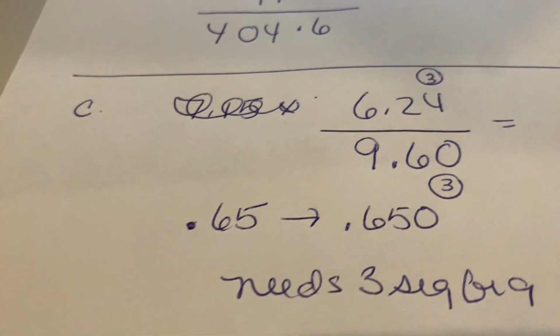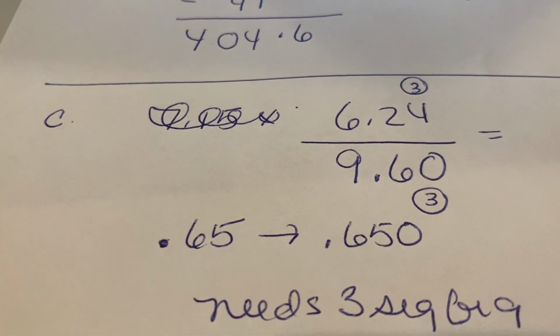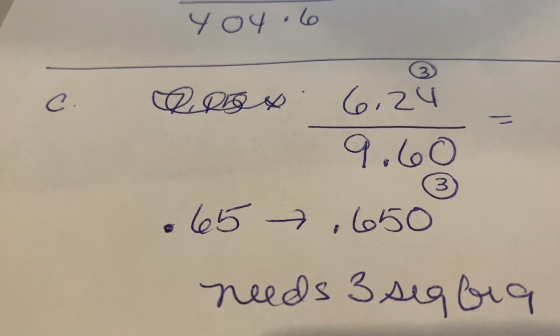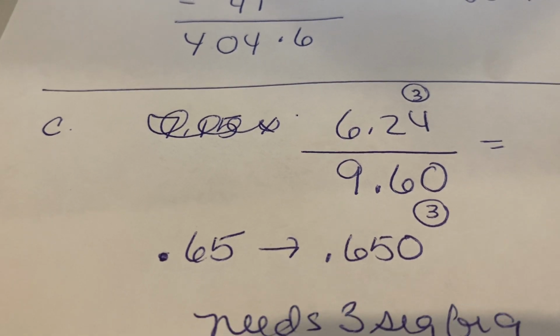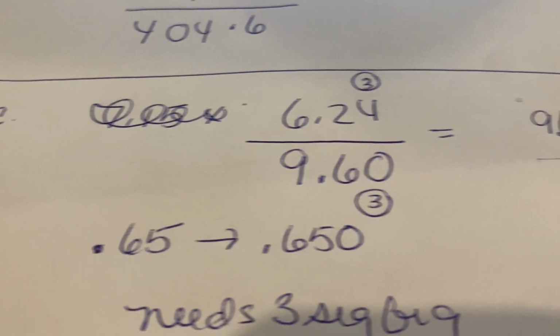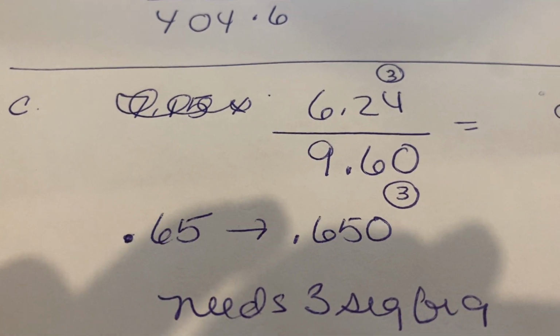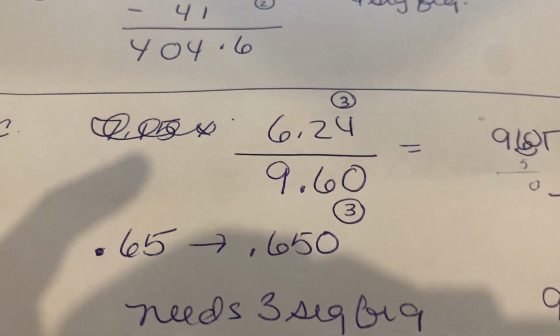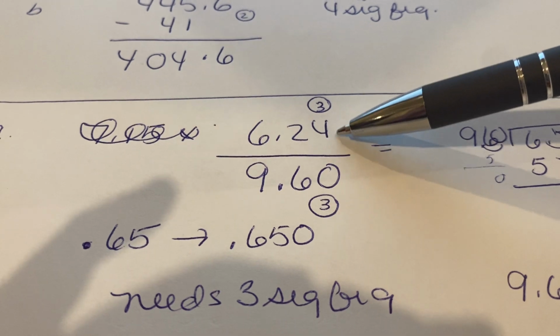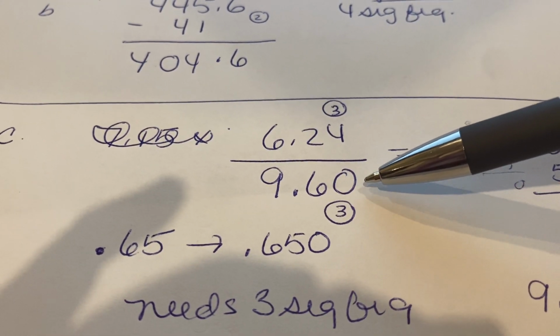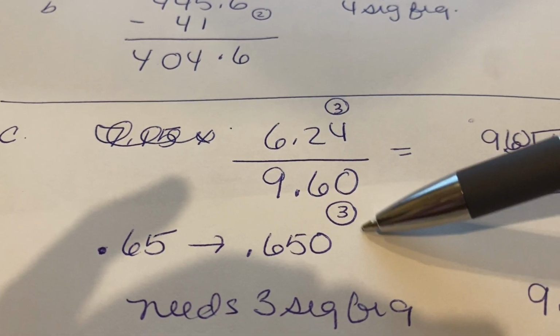Now let's go on. I don't have much time here, so I'm kind of rushing, and you could do some of these. C. Oh, the division of sig figs. Okay, let's do the division. It's always to the smallest sig fig, right? So we have 6.24 divided by 960, 3 sig figs and 3 sig figs.